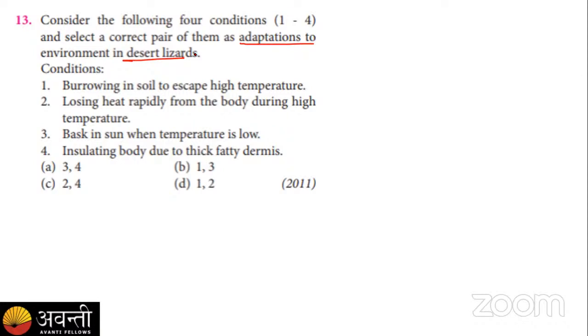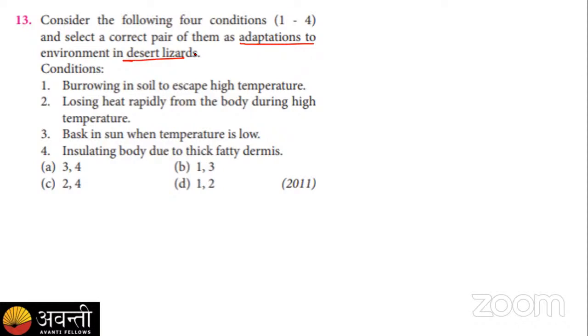So the four options given in the statements are: option 1, burrowing in soil to escape high temperature. Second, losing heat rapidly from the body during high temperature. Option 3, basking in sun when temperature is low. And D, insulating the body due to the thick fatty dermis.